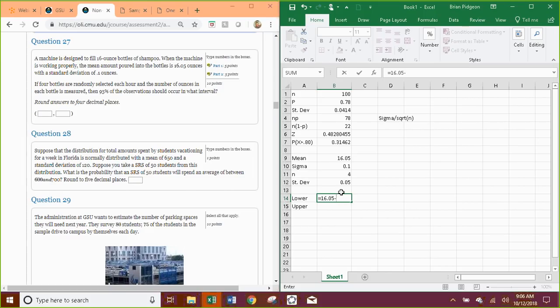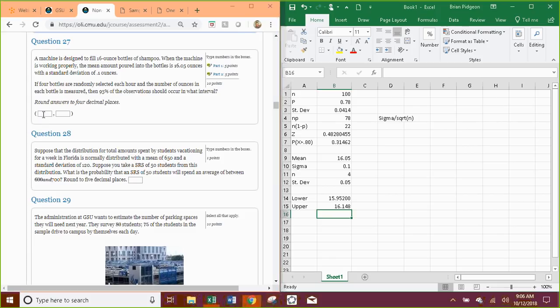So we're going to calculate 1.96 standard deviations to the left and to the right of the mean. So 16.05 minus 1.96 times the standard deviation, and then 16.05 plus 1.96 times the standard deviation. And really, what you should notice is that we just typed the formula for a confidence interval. 1.96 is the z-score that corresponds to 95% confidence.